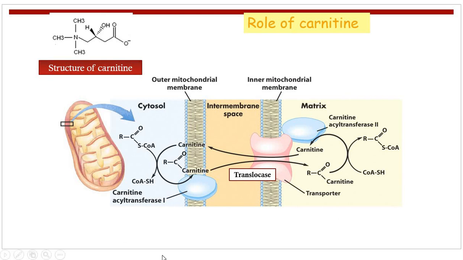In the image here, we are seeing the carnitine shuttle, in which this is the cytosol, this is the outer mitochondrial membrane, this is the inner mitochondrial membrane, and the space between both of these membranes is known as the intermembrane space, and this is the matrix. So we are seeing the larger picture of this area of the mitochondria.